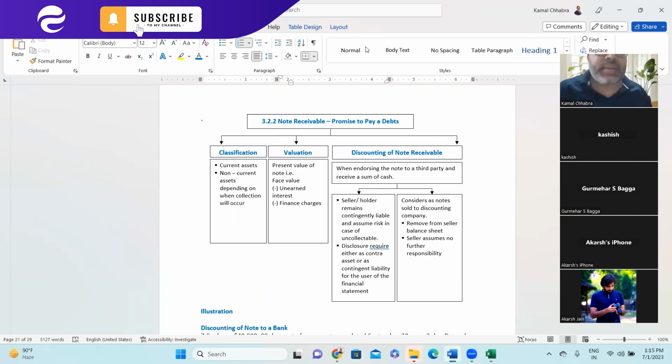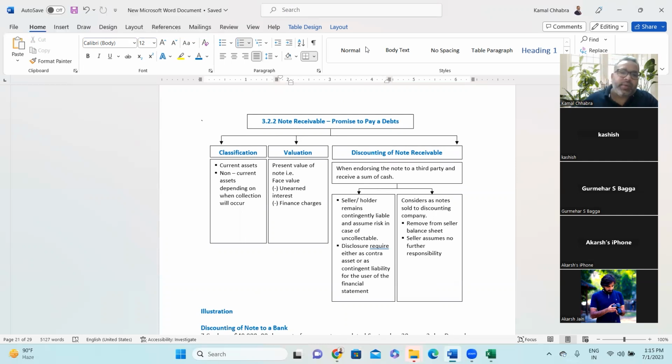So here we'll be understanding three things: classification, valuation, and discounting of note receivable. So classification, like we all know, current and non-current. What is current assets? Which is receivable within 12 months or the operating cycle, and non-current which are receivable after 12 months or operating cycle, depending on when the collection will occur.